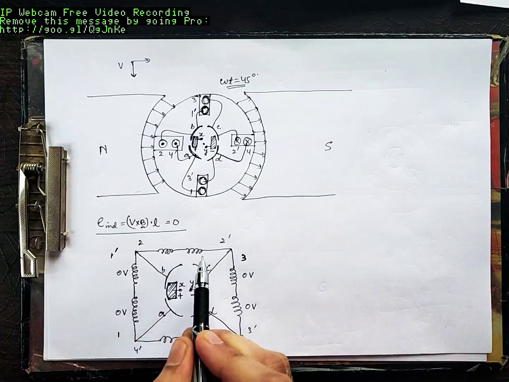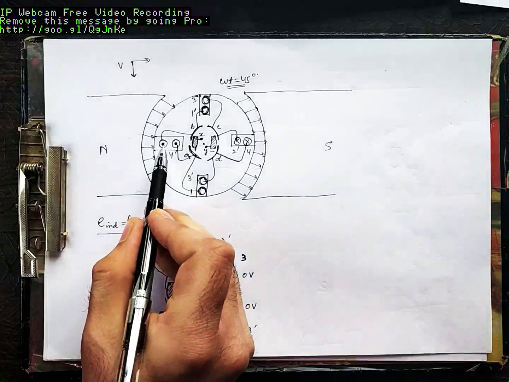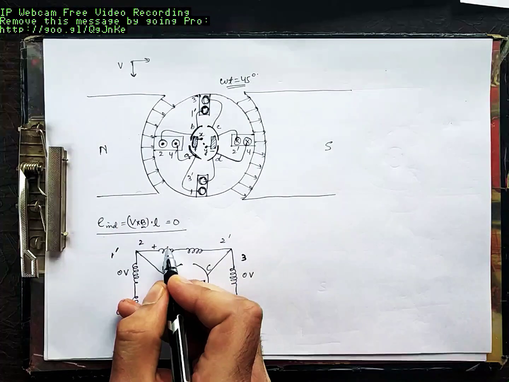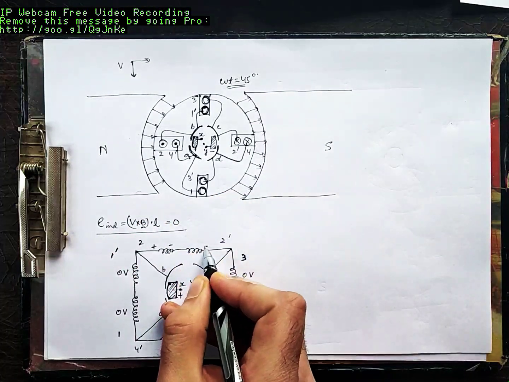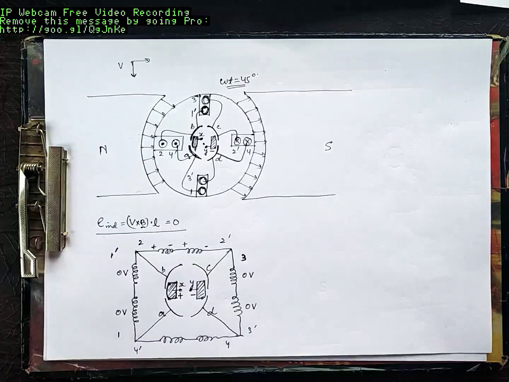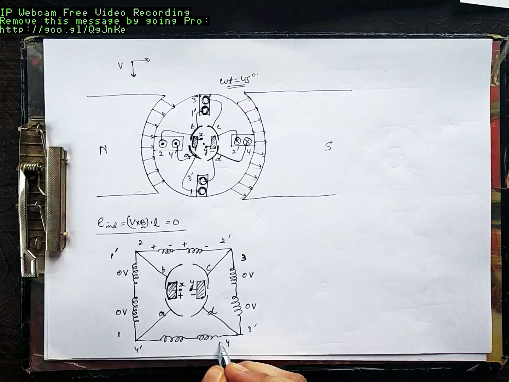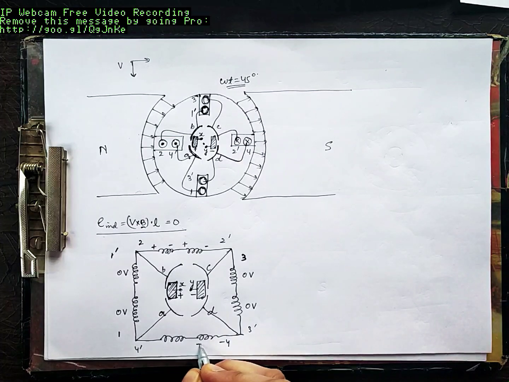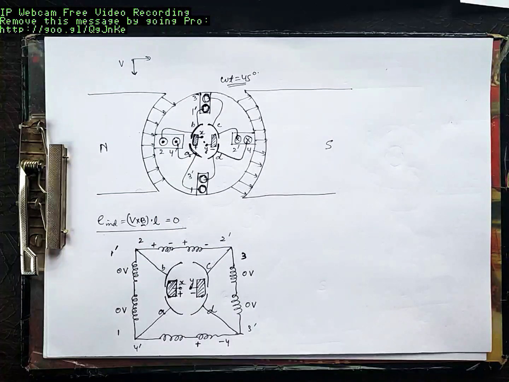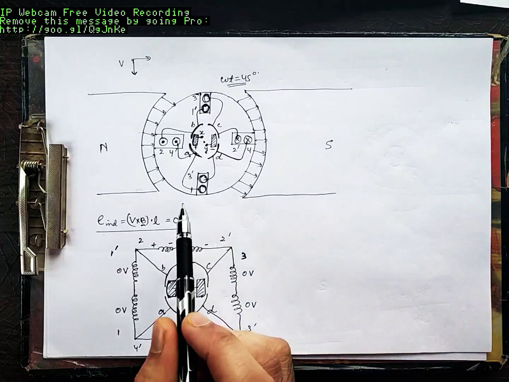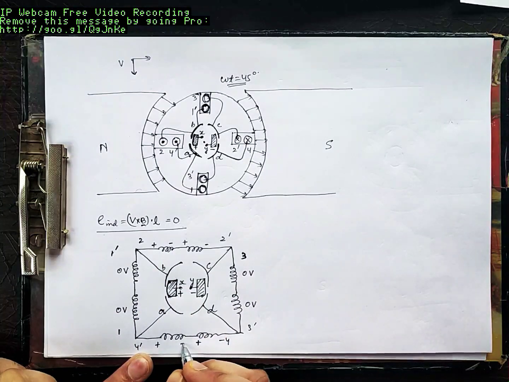Is there any voltage in coil 2 or not? Let's check. 2 is dot, that means 2 is positive, so this side is negative. 2 prime is cross, that is 2 prime is negative and this is positive. 4 is cross, so this side is negative and this side is positive. 4 prime is dot, so this side is positive and this side is negative.